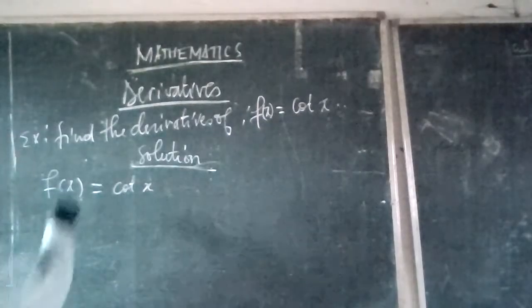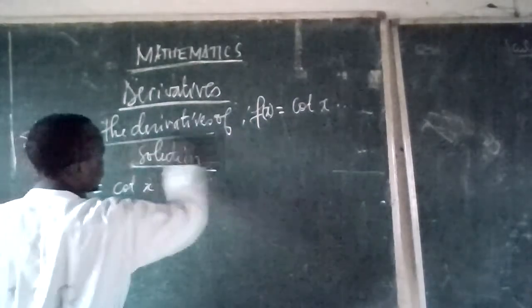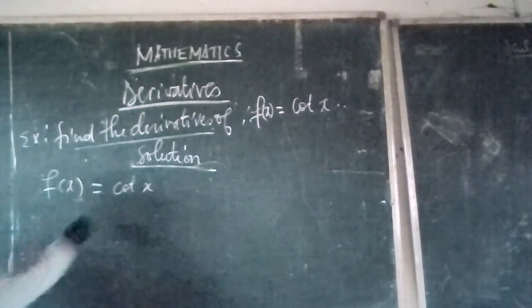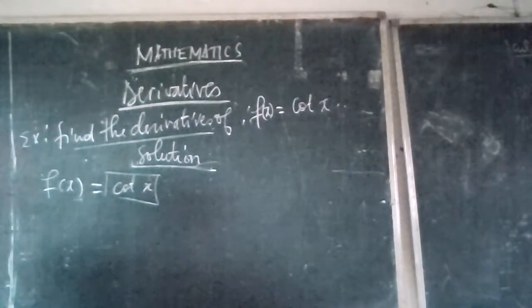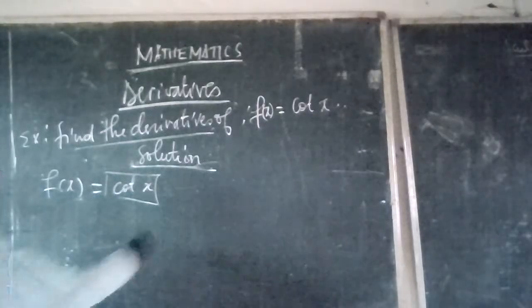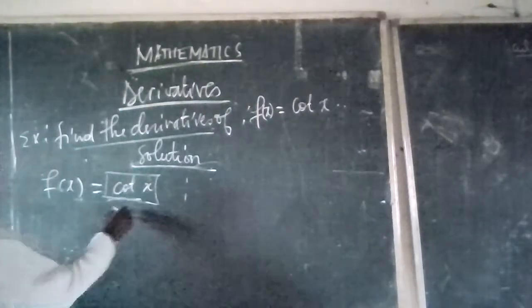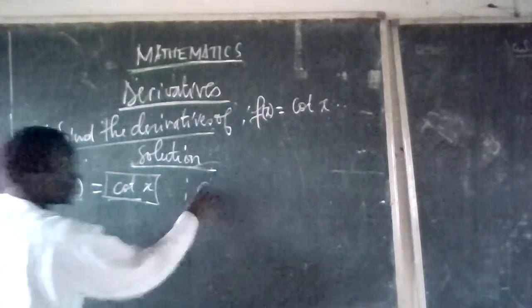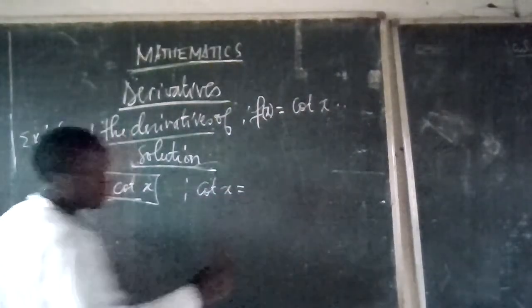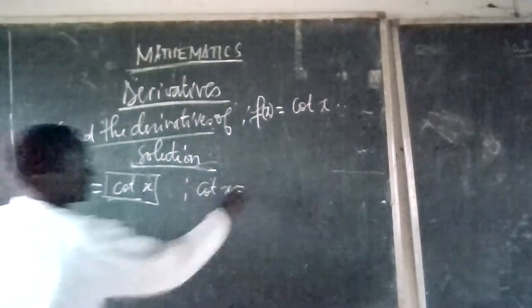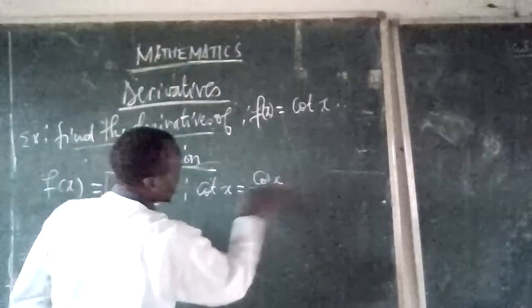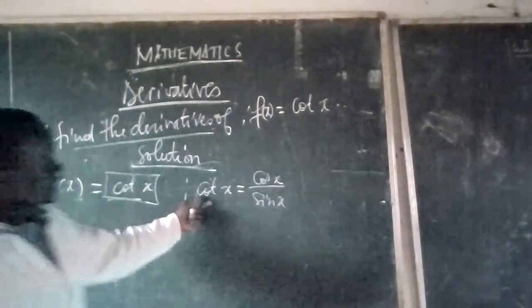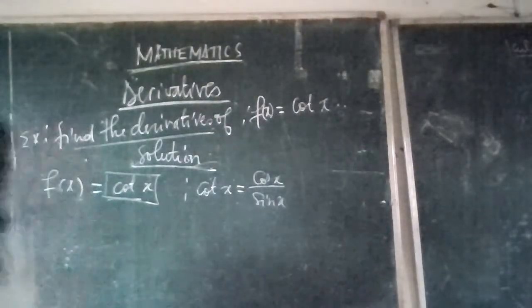Then we are asked to find the derivative of our given function. First of all, as I told you last time, you have to remember the formula of this trigonometric ratio, where cot x is equal to cosine x over sine x. It means in general, cot x is the inverse of tan.